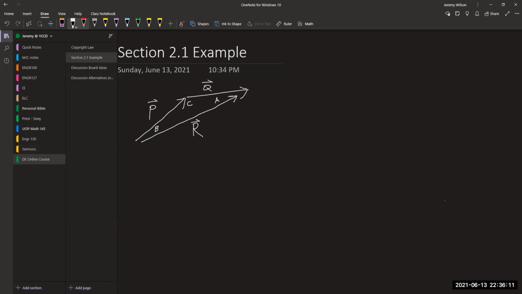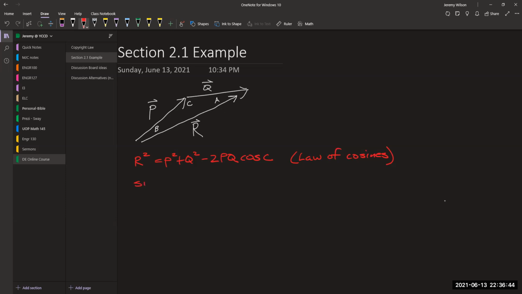And let's write down the law of cosines. R squared is equal to P squared plus Q squared minus 2PQ cosine C. Onto the law of sines.